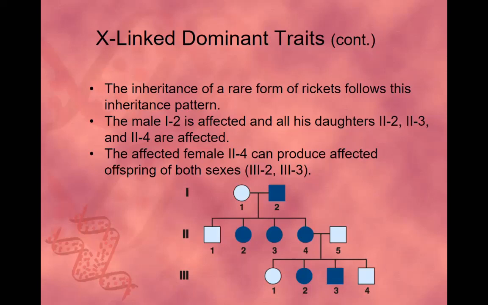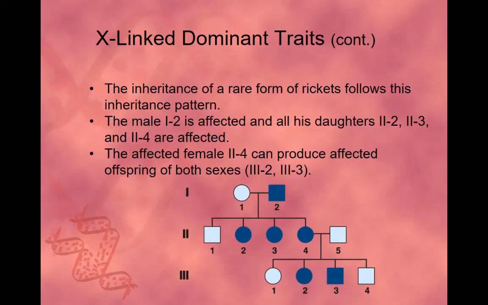And even when individual 2-5 marries into the family and has children with 2-4, you'll notice that 2 of the 4 children have rickets because mom is the one affected and can pass that X on to any child, male or female. Now, you'll know that mom is not homozygous for it because individuals 3-1 and 3-4 don't have rickets.